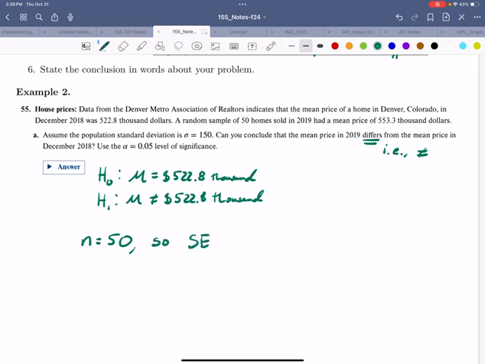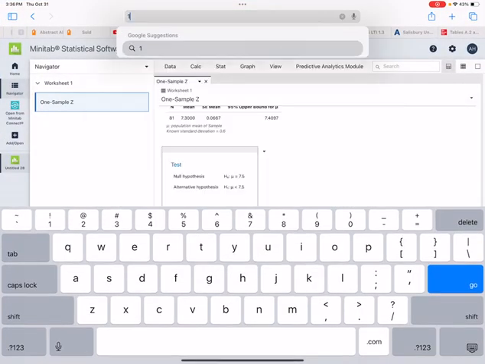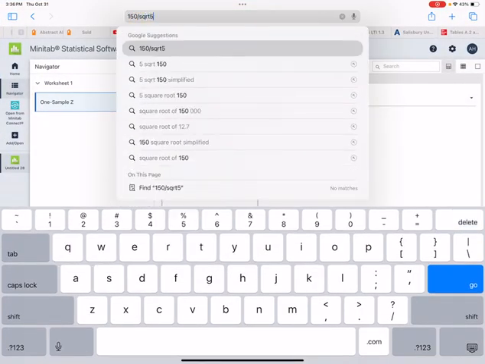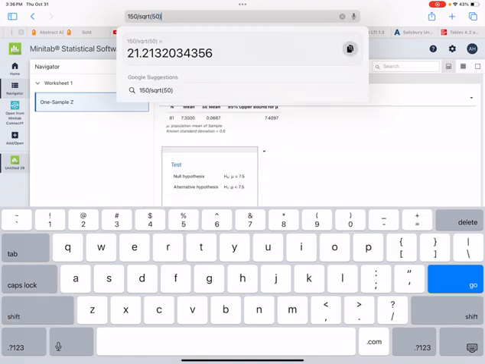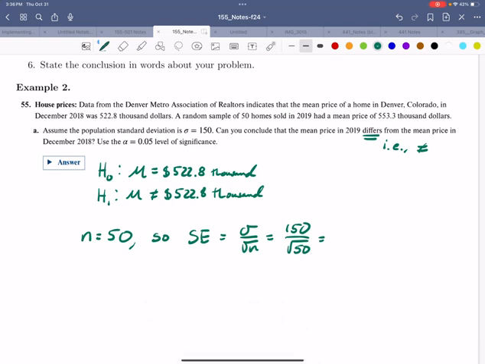So the standard error is going to equal sigma over root n, right, which is 150 divided by the square root of 50, which is the lovely value of, let's see, 150 divided by the square root of 50. 21.21. Let's go with that. Right, and that's dollars if you care, right? Dollars. Okay. So now we're just going to use Minitab.